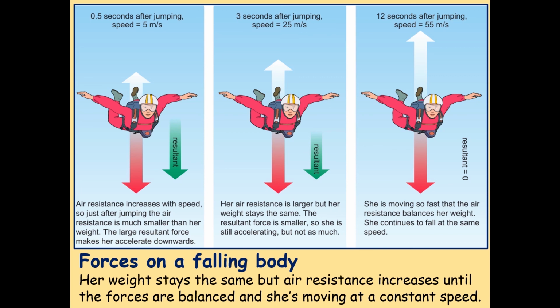About 12 seconds after jumping, your speed reaches something around 55 meters per second, depending on your surface area, and you reach what's called terminal velocity, which is where you stop accelerating. You're still falling at a constant speed, but there's no longer a resultant force. Your weight and the air resistance balance. So when this happens, you fall at a constant speed.